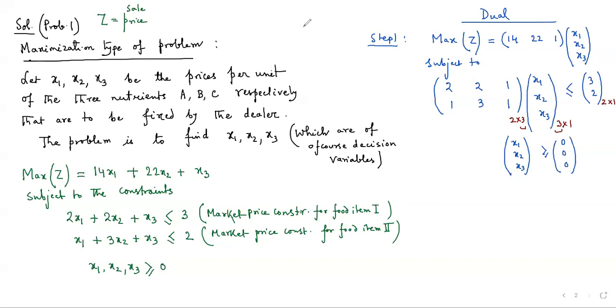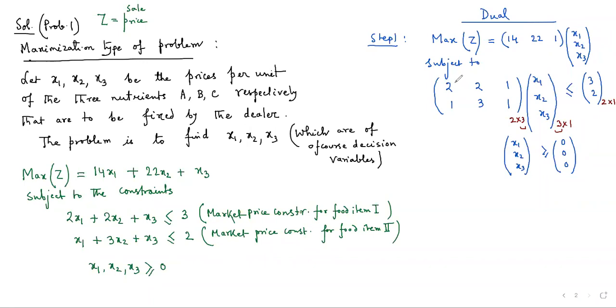Okay, remember. Now, as I told you, if it is a maximization type of problem, then by convention, we always try to keep the inequality of less than or equal to type. Then we can convert the inequality into something else.